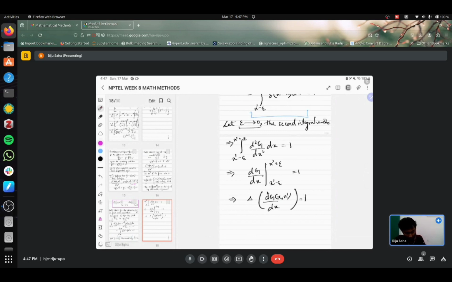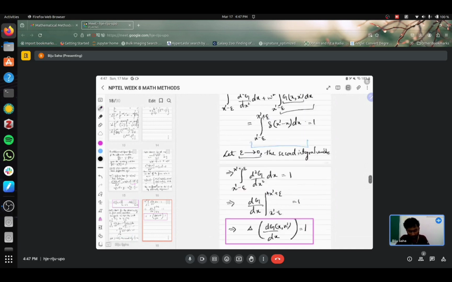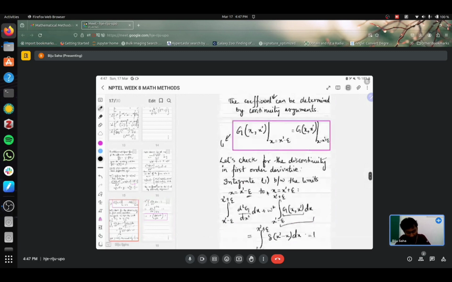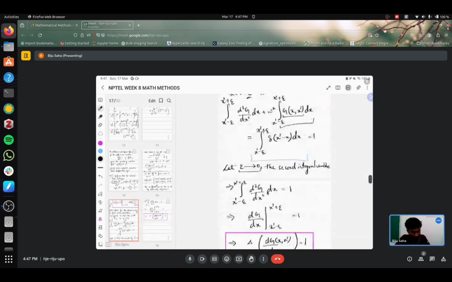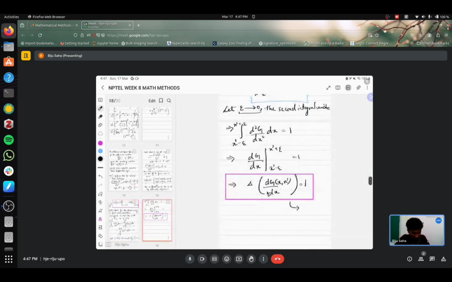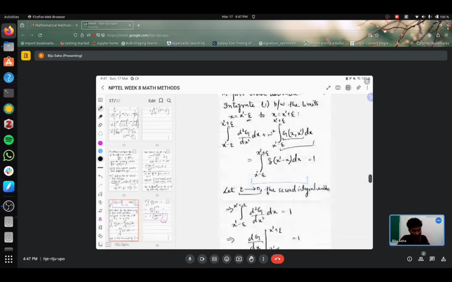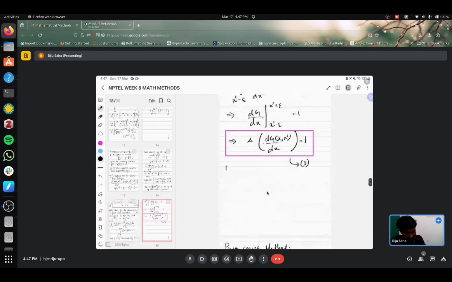This is one such equation which will help us in obtaining the coefficients. Right now, we focus on equation 2 obtained from the continuity condition, and equation 3 obtained from the fact that the first order derivative is discontinuous. So using the second and third, let us calculate the coefficient values.